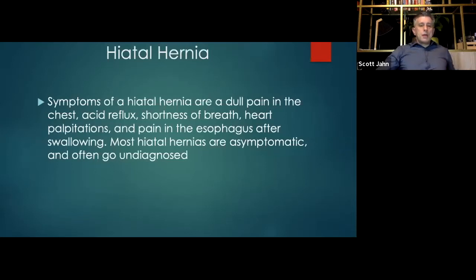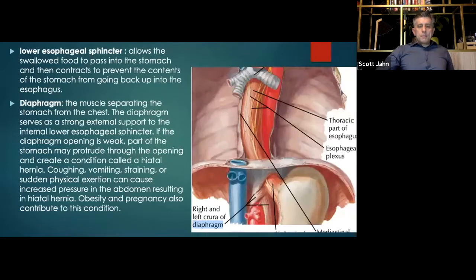So when we talk about hiatal hernia, we have the esophagus, which is this right here. As we swallow food, it comes down the esophagus. Now it has to cross here, which is your diaphragm. It crosses through the diaphragm, through these little superior or left and right crura, which kind of surround the esophagus and hold it in place, and it goes into the stomach.